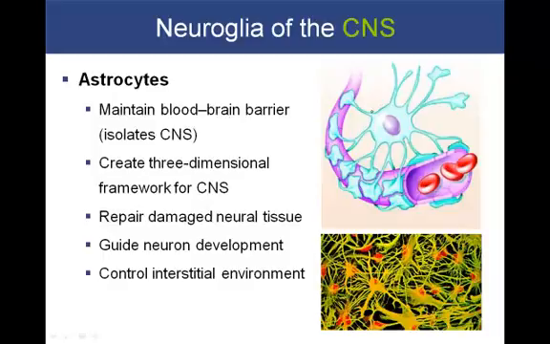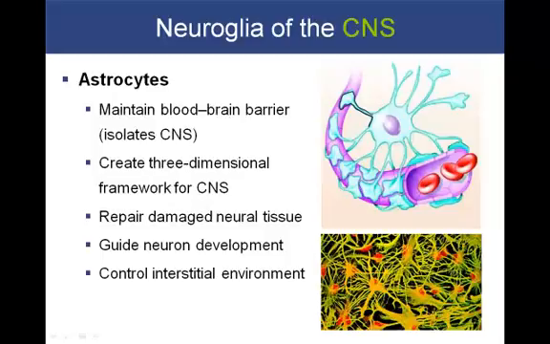They have little extensions off of their cell bodies that expand into little foot-like pads that literally coat and cover the blood vessels, preventing diffusion from circulation to the interstitial fluid within the central nervous system.